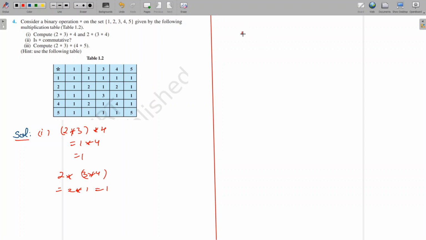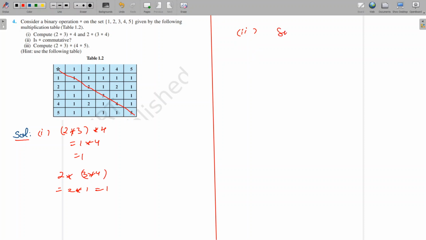Second part, that is, is star commutative. If we say this is the main diagonal, so you can see that the table is symmetric about the main diagonal. Therefore we say that star is commutative. So that is what we'll write.